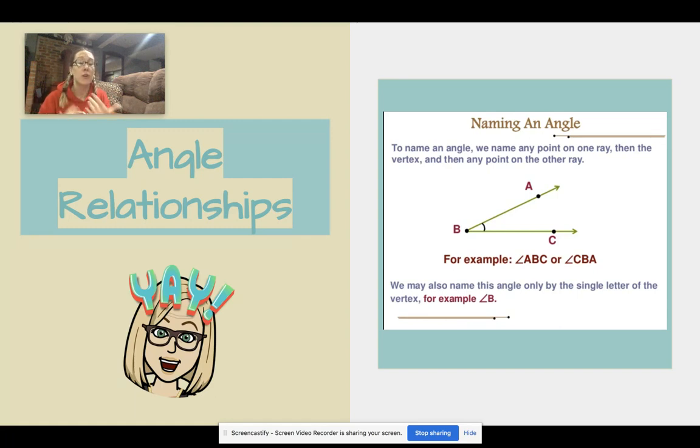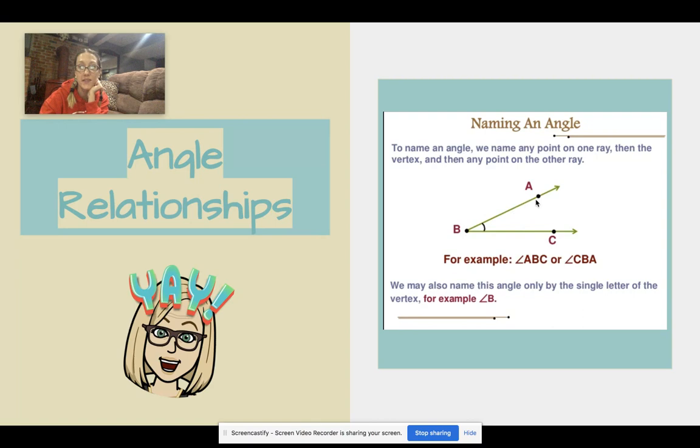So, first of all, remembering that an angle is the space created when you have two lines, right? If you look over here, when we talk about angles, we are talking about the space in between this line right here and this line right here.